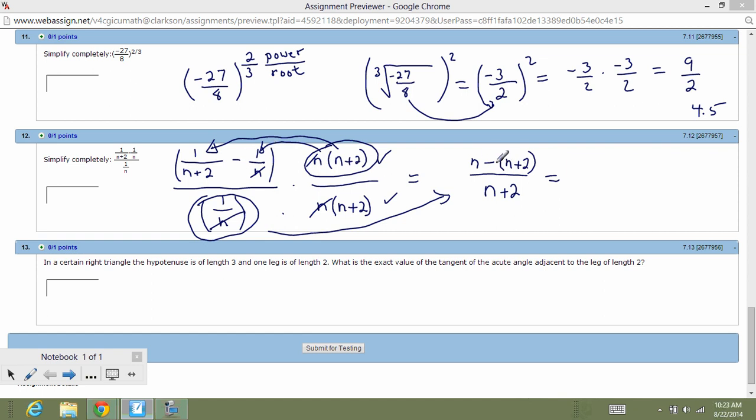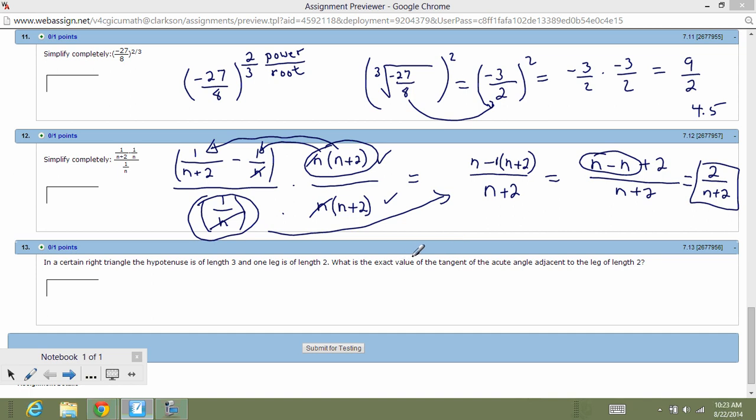And I'm just writing it out that way, right? Negative 1 times n plus 2, which gives me n minus n plus 2 over n plus 2. Well, the n minus n zeroes out, and so our final answer on that one should have been 2 over n plus 2. Is what we were looking for there.